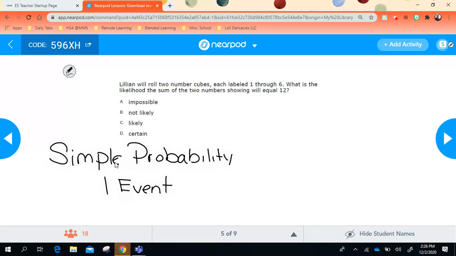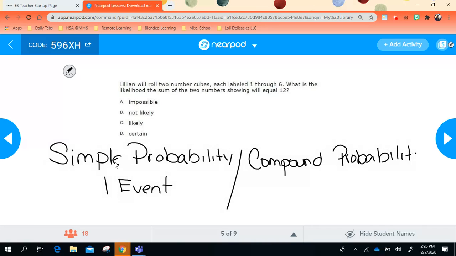So you may want to write this down somewhere so you don't forget, because you're going to have to be able to differentiate between both types of problems. And a compound probability problem is where two or more events are happening.